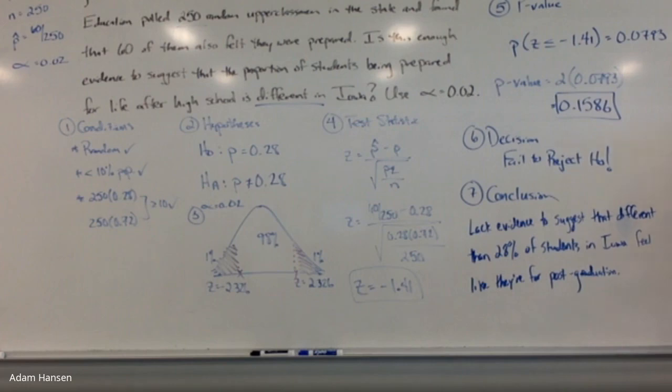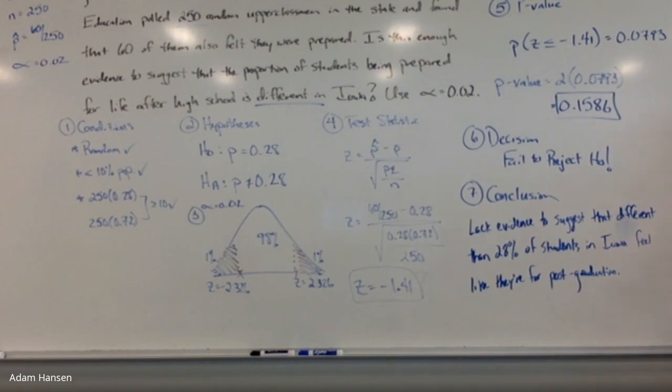Here's how I kind of remember. Your decision's always in terms of the null hypothesis. Your conclusion's always in terms of the alternative. You either have the evidence to show that there is a difference, or you don't. In our case, since we failed to reject the null, we lacked proper evidence to suggest that there is a difference between the 28% national statistic and what we have here.